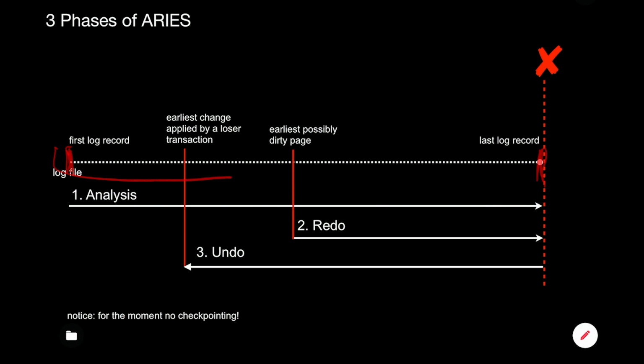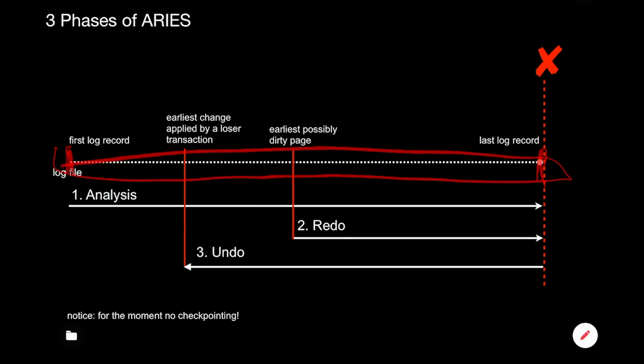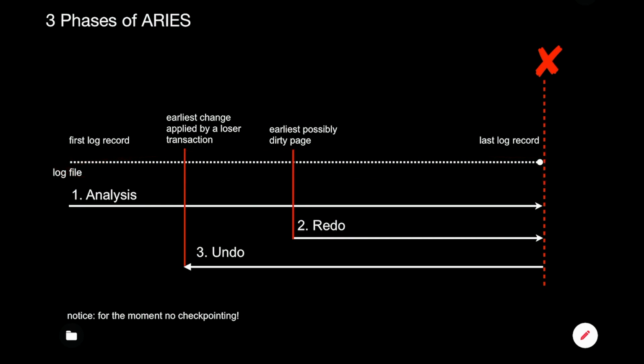And then the crash happened. That also means the main memory version of the log file might have had more data, but that's really lost. We can only look at the log records that were persisted. We don't have anything else. So at this point in time, the crash happened.